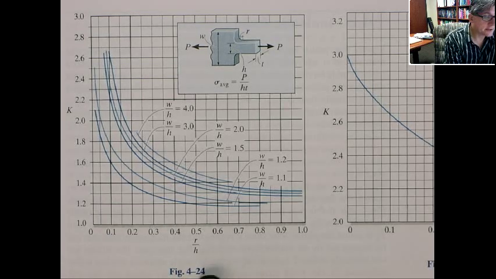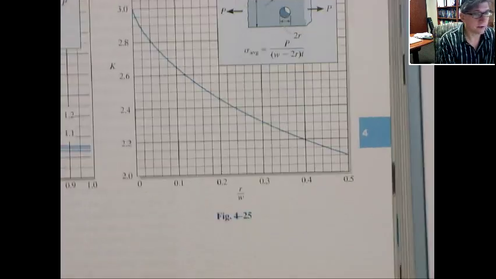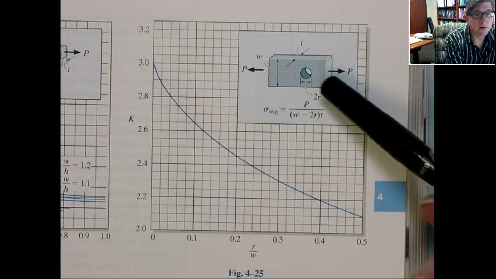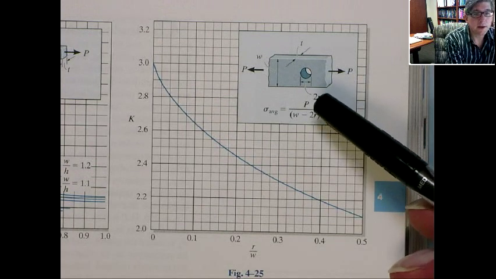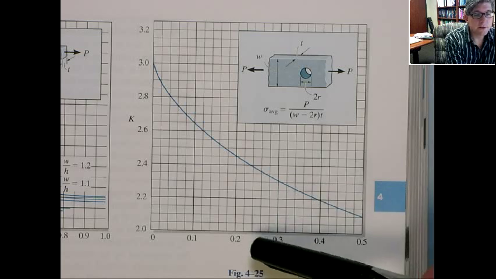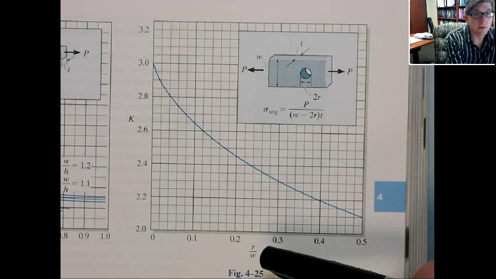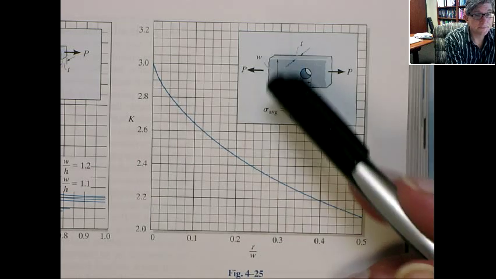So in this case, let's do the hole first. The hole's a little simpler to look at. So here's the table for the centered hole in a very long bar. K is only a function of the ratio of the radius of that hole over the height of the plate.